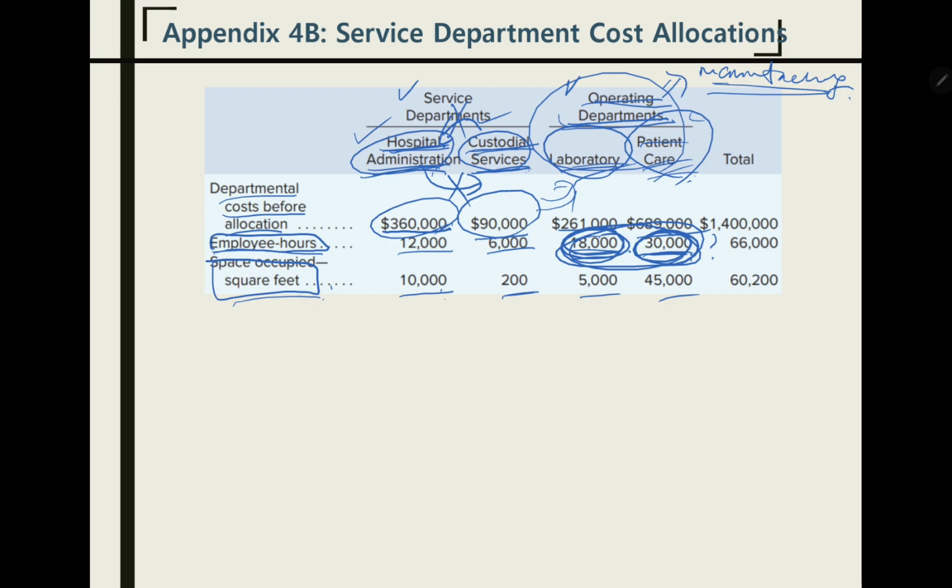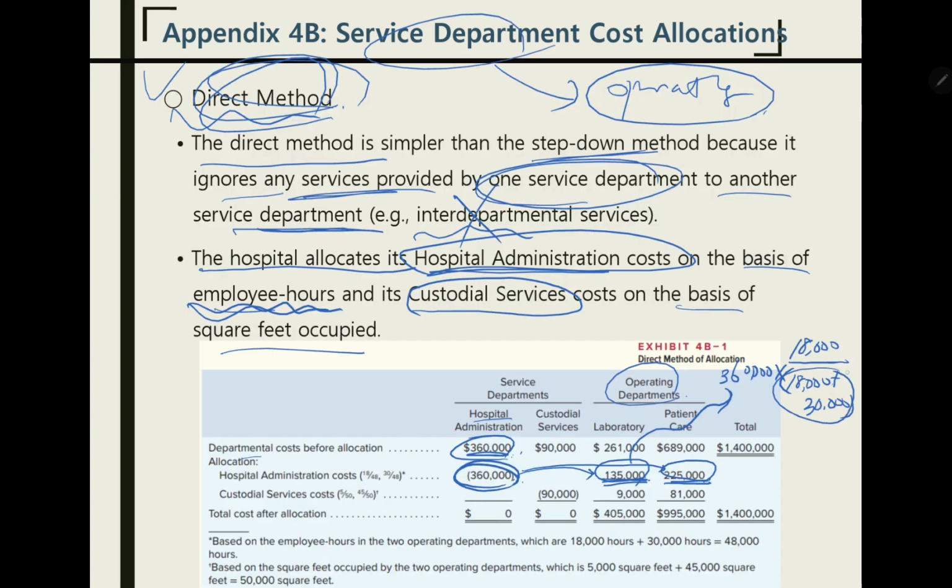Because we are allocating the cost only to the operating department. Okay, so the denominator should be only the employee hours of operating department. And this number is computed as follows. Okay.